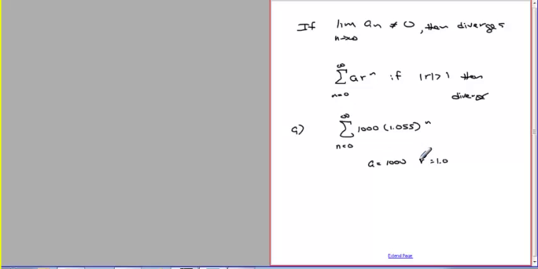R is equal to 1.055. And it says if the absolute value of r is greater than 1, so it is. So since r, which is equal to 1.055, is greater than 1, the geometric series diverges.